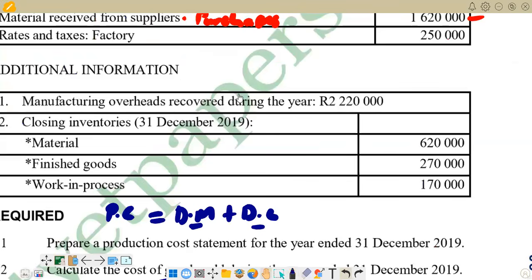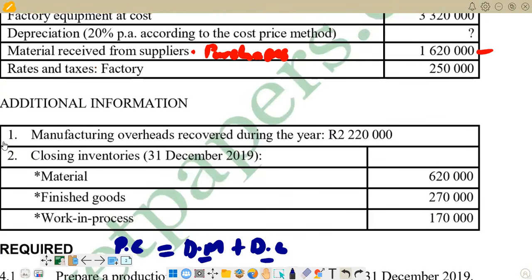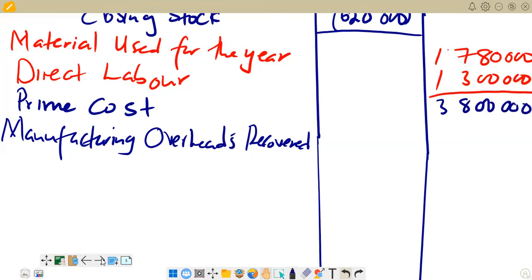You see that we are given it here on additional information item 1, manufacturing overheads recovered during the year, 2,220,000. So this is the figure that we are just going to put there. So that's what we have.